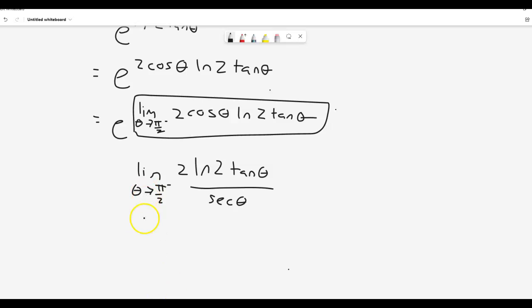So this is going to be equal to the same limit here, the limit as theta approaches pi over 2 from the left.